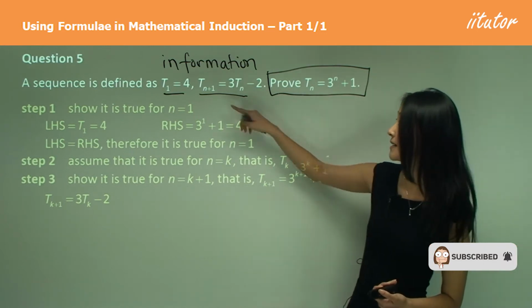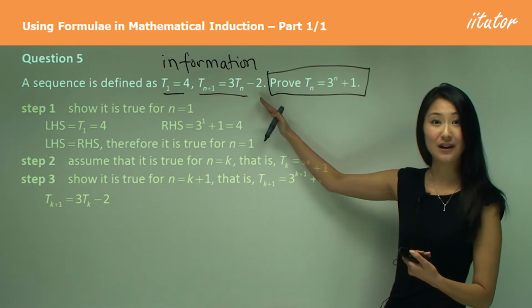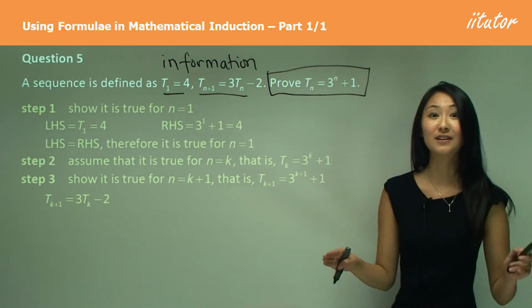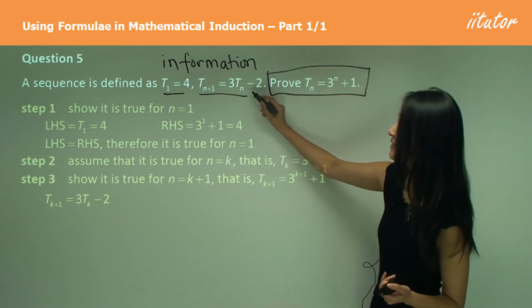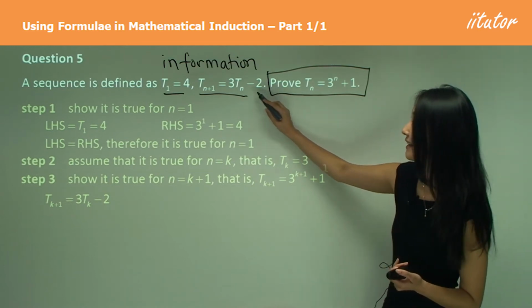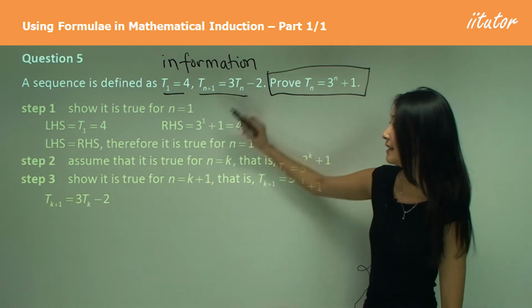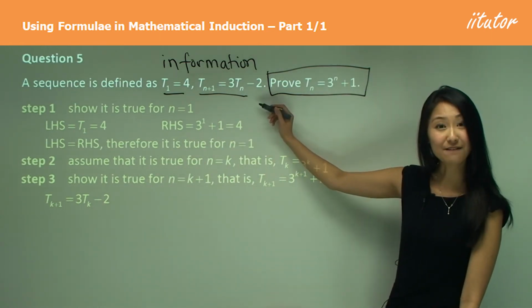So by substituting in k, we can say that because this is given to us, so this is information that's given to us, there's no proving necessary. We can use this information. So I'm using this information to say that t(k+1) equals 3 times tk minus 2. Yeah, can you see how I've used that information?